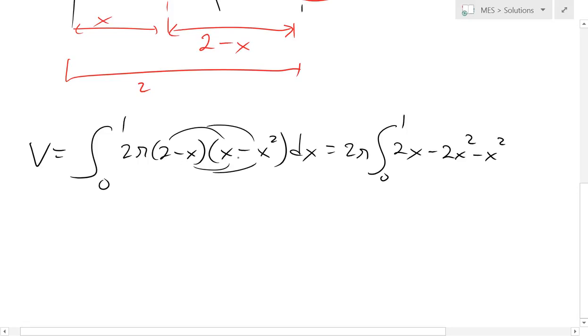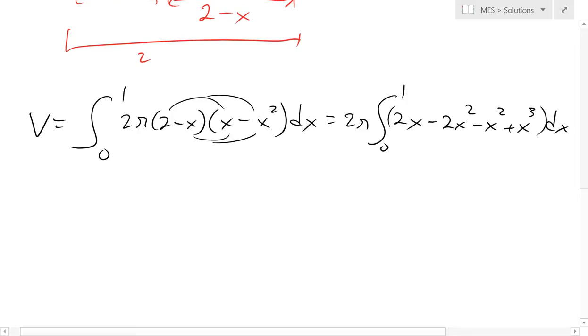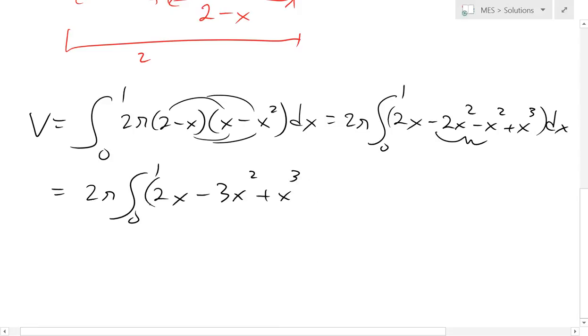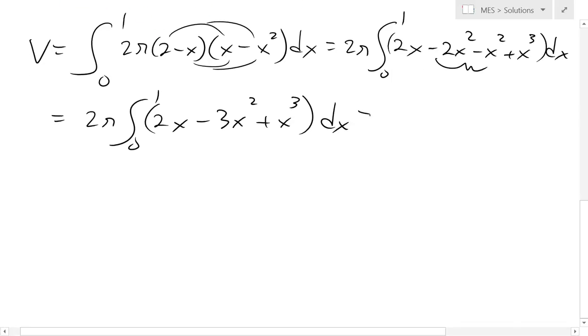And now we have negative x times negative x squared, that's positive x cubed, dx. Now we can simplify further by adding these two up, so we get 2 pi times the integral from 0 to 1 of 2x minus 3x squared plus x cubed, dx.